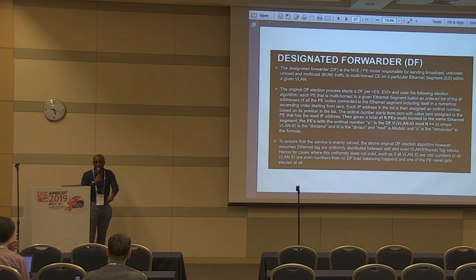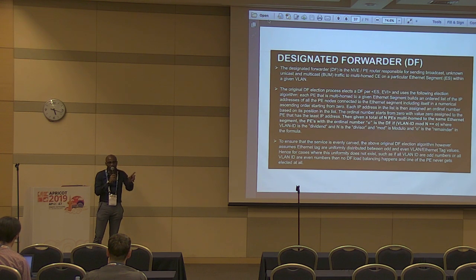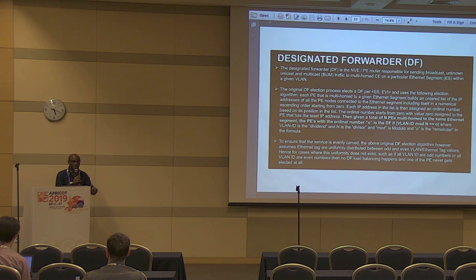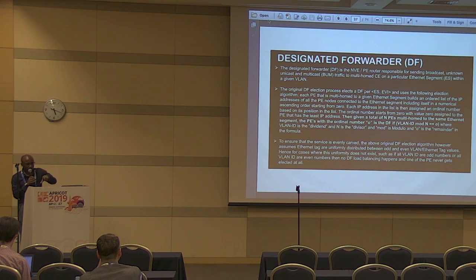So the type 7 route is used to achieve that synchronization between the DF and the non-DF. And the type 8 route is used if an IGMP leave comes in and lands on the non-DF, it allows the non-DF to synchronize the IGMP leave message to the DF.